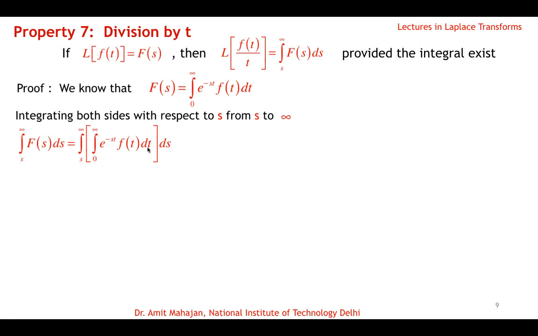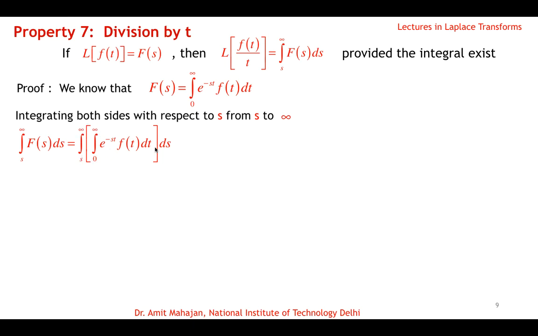Here the inner integral is with respect to t and the limits are 0 to infinity. The outer integral is with respect to s and the limits are s to infinity. t and s are independent variables. The t limits are constants and the s limit depends only on s, so we can interchange the order of integration without affecting the limits.